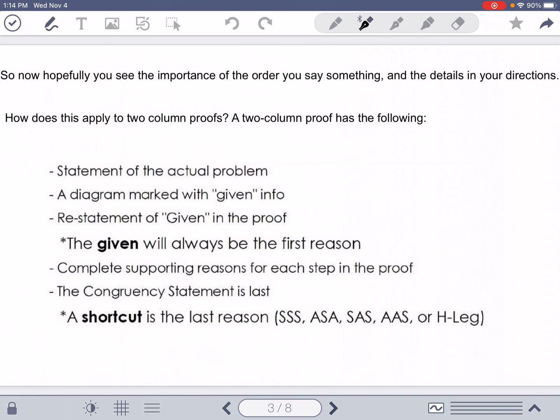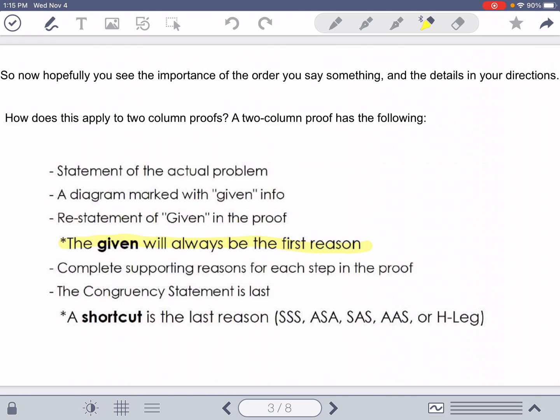Okay, so now hopefully you see the importance of the order that you say something and the details in your directions. How does this apply to 2-column proofs? Well, a 2-column proof will have the following: a statement of the actual problem, a diagram marked with given info, restatement of given within the proof, and the given will always be the first reason. That will be very important.